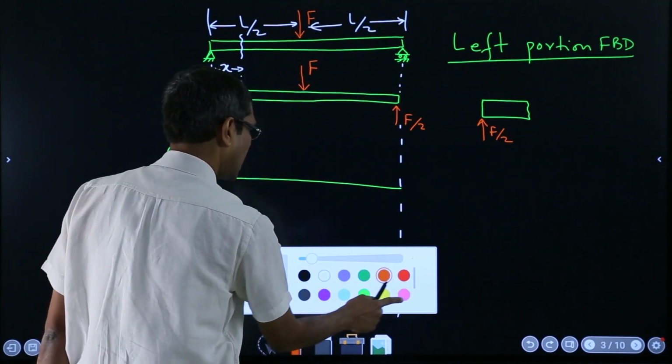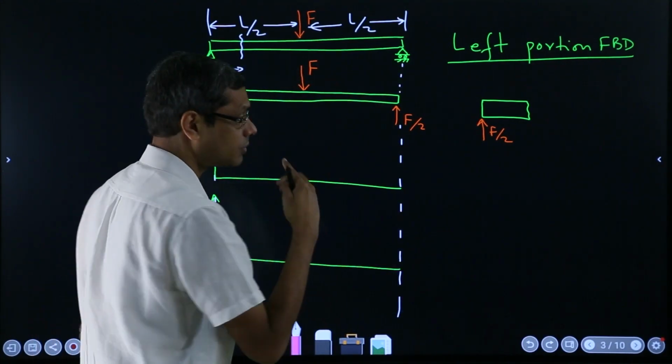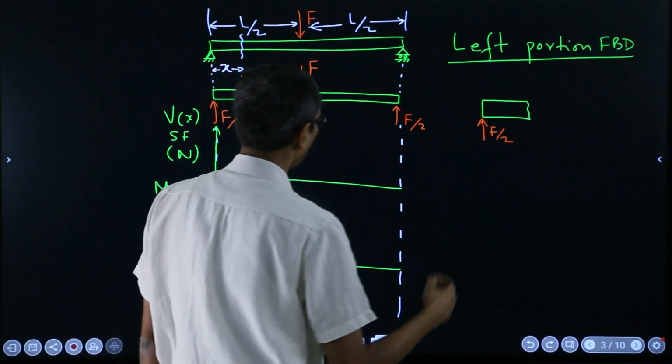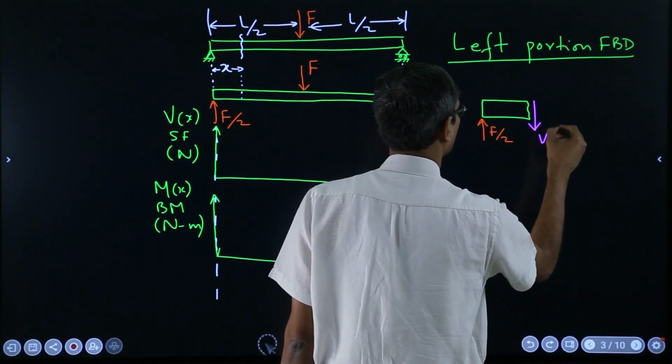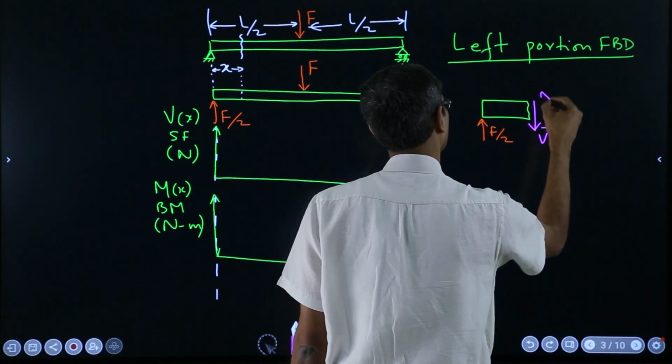And then I have to draw the conventionally correct positive shear force and bending moment. This is V, and this is M.